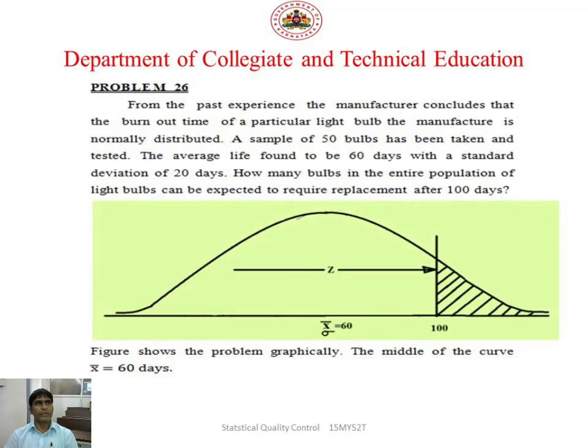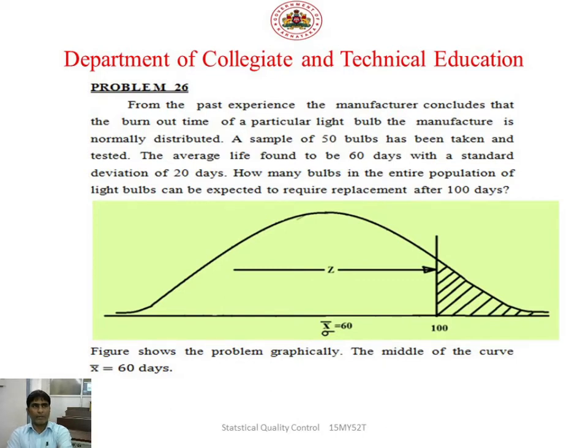So moving on, we have some problems on this normal distribution curve. I will read out the problem; you will make a note of this. From past experience, the manufacturer concludes that the burnout time of a particular bulb is normally distributed.